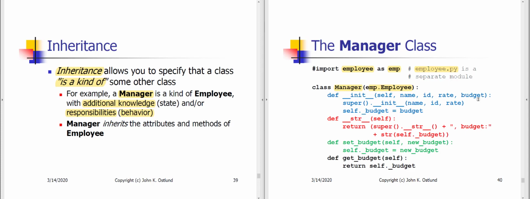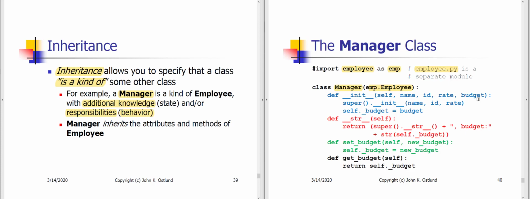I'm trying to think, okay, I do too much C++ programming. In C++, these are referred to as, employee would be the base class, manager would be the derived class. In Python and Smalltalk and certain other languages, we refer to the employee class as the superclass and the manager class as the subclass.